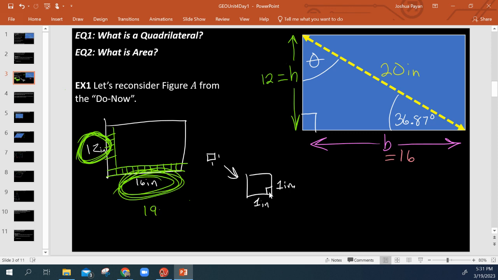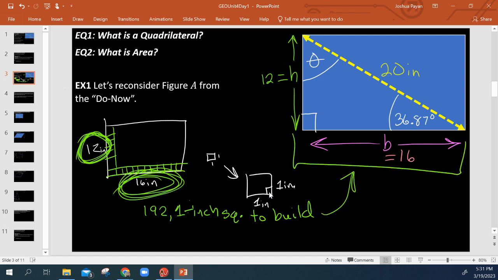So it takes 192 1 inch squares to build this, right? And because it takes that many squares, we would say that this rectangle, this blue rectangle right here, has an area of 192 inches squared or square inches.